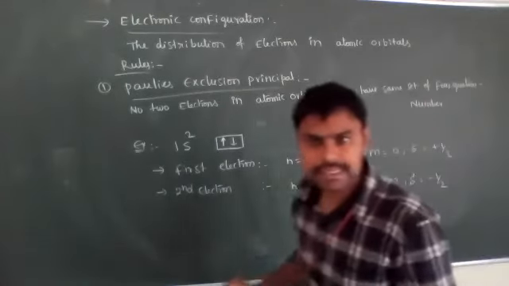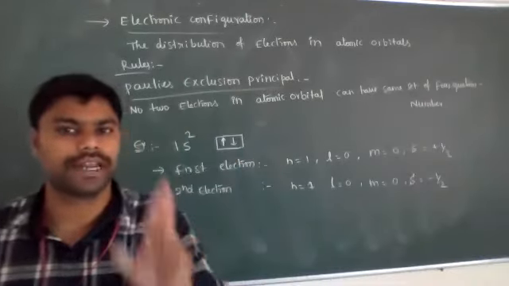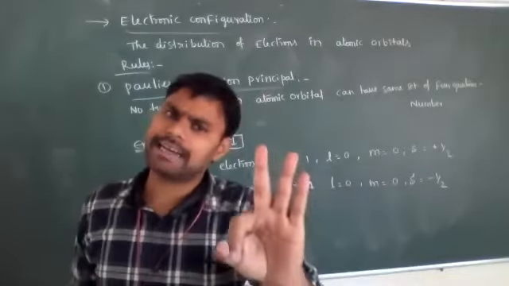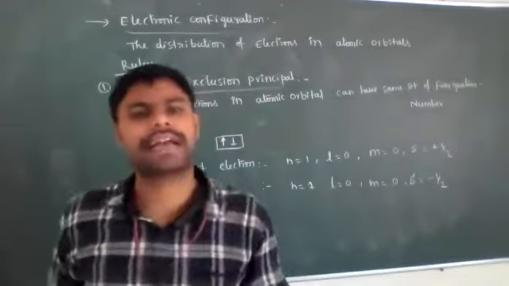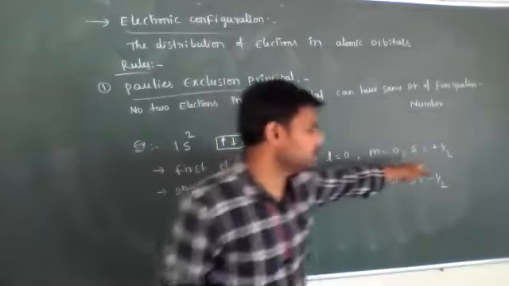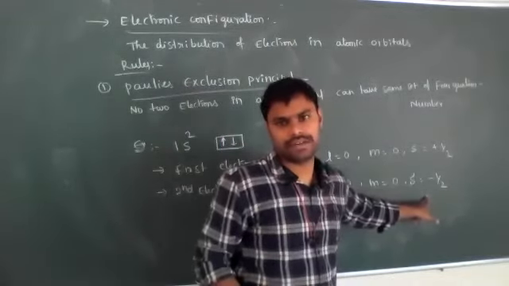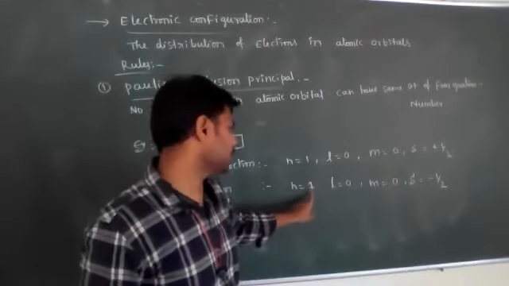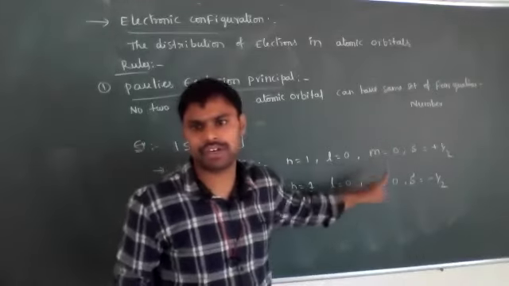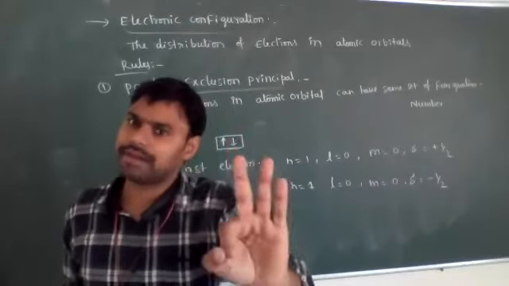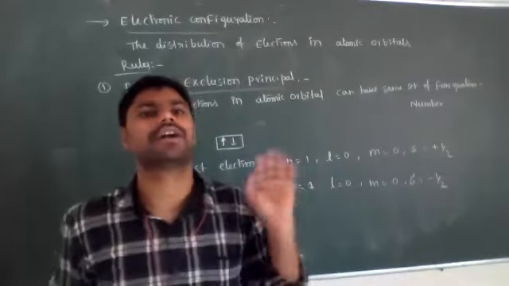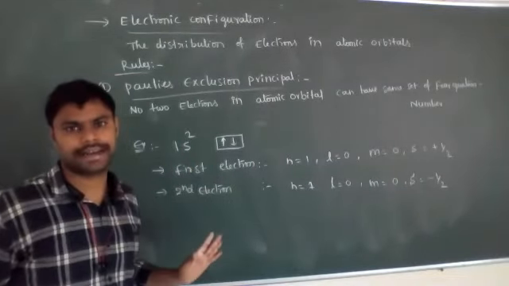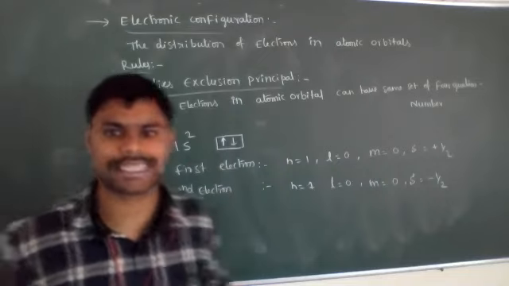For any two electrons, the 4 quantum numbers are not all equal. At least 3 may be equal, but the spin values are never equal. For 2 electrons, one spin is plus half, another spin is minus half. So n, l, m may be equal. Here n is equal to 1, here also 1. l equal to 0, l equal to 0. m equal to 0, m equal to 0. Means 3 quantum numbers are equal, but the spin quantum numbers are not equal for any 2 electrons in an atomic orbital. So that is called Pauli's exclusion principle.